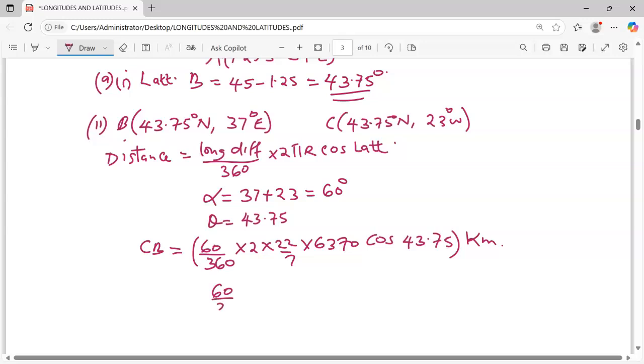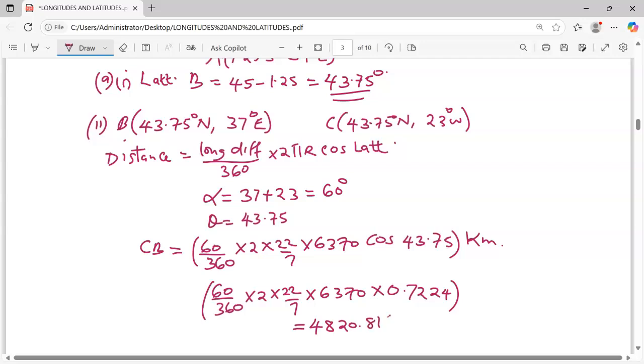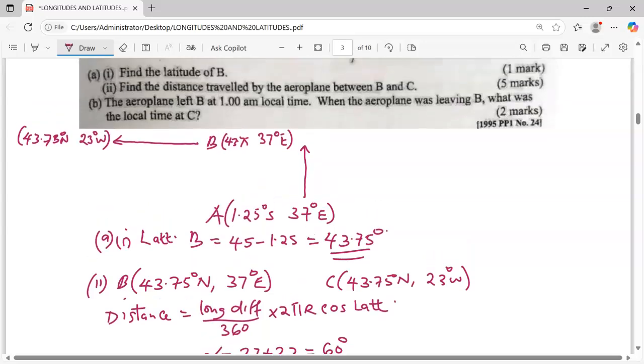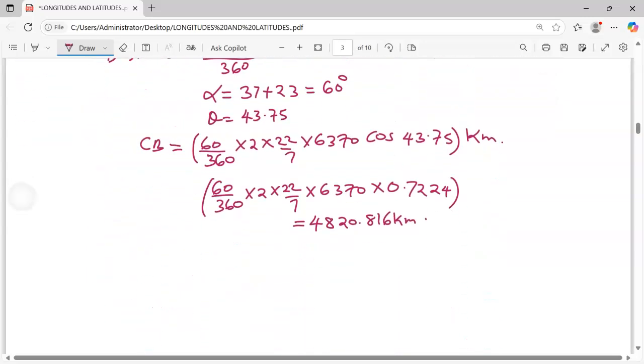This is going to be 60 over 360 times 2 times 22 over 7 times 6370 times the cos of 43.75, which is 0.7224. If you use your calculator well, you are going to get an answer equivalent to 4820.816 kilometers.